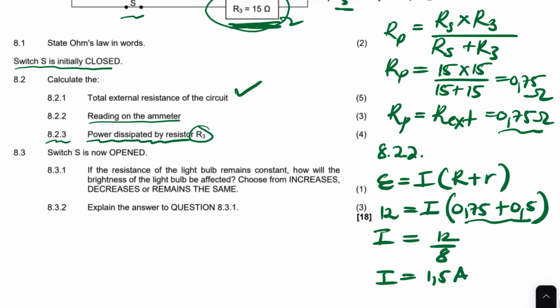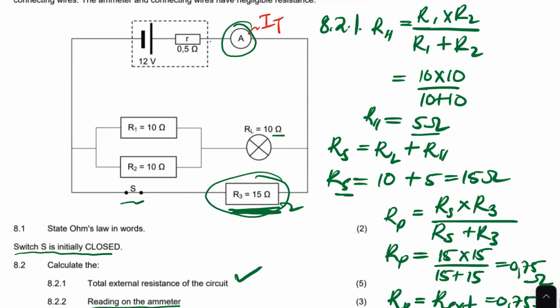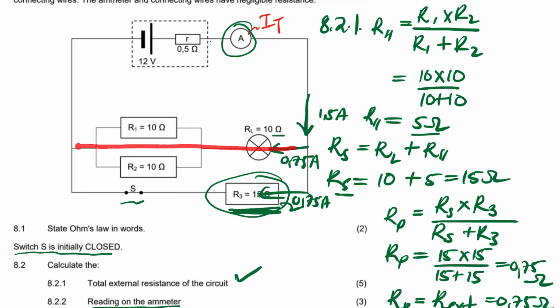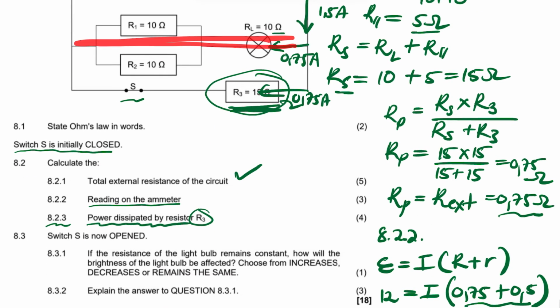We know that this total current that comes here, which is 1.5, splits equally here. The 1.5 splits equally, so it's going to be 0.75 A here and 0.75 A here. Why? Because the resistance here, the total here, we just calculated... sorry, no, it's not 0.75.